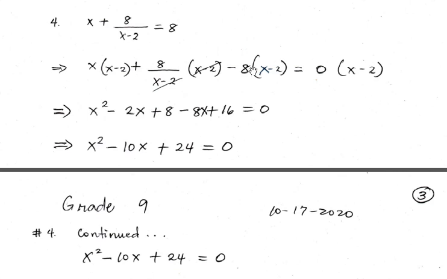Then, minus 8 comes from the transposed constant from the right-hand side. So minus 8 times x minus 2. So we have minus 8x plus 16. And that is equal to 0.